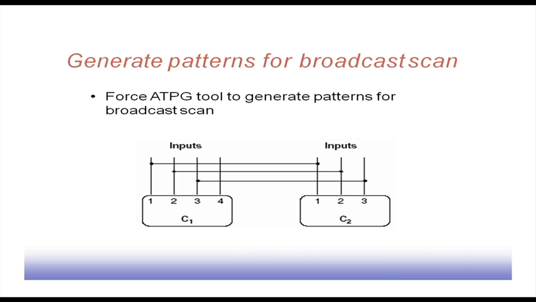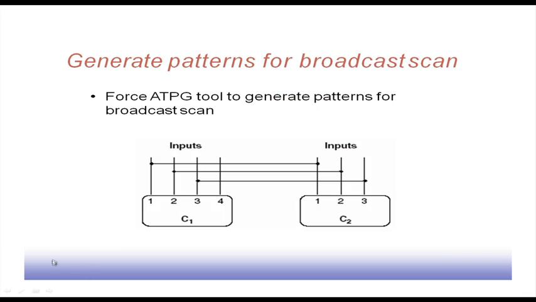Now, how can we do this? How can we tell the ATPG to generate patterns which are the same for both circuits? What is done here is that the circuit we give to the ATPG is a bit modified. C1 and C2 are two circuits. If you give the ATPG the circuits C1 and C2 separately, it will generate patterns specific to C1 and specific to C2, so it is very possible that the patterns are not similar.